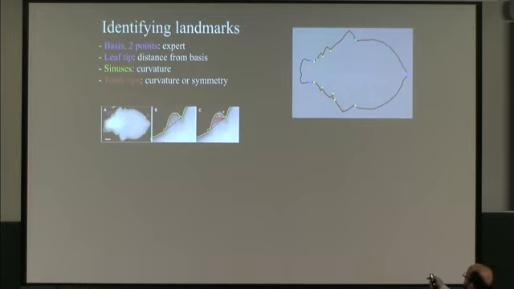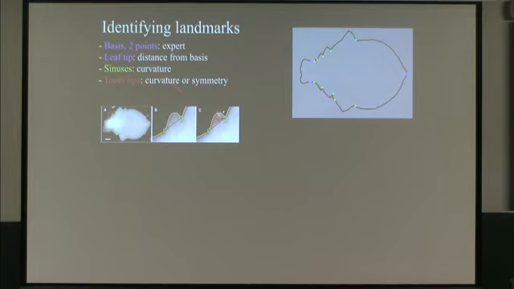The sinuses are defined based on curvature, so there are extrema of curvature with the right sign. And the tooth tips can be defined based on curvature, which is a very local criterion, or on symmetry, which is a less local criterion.